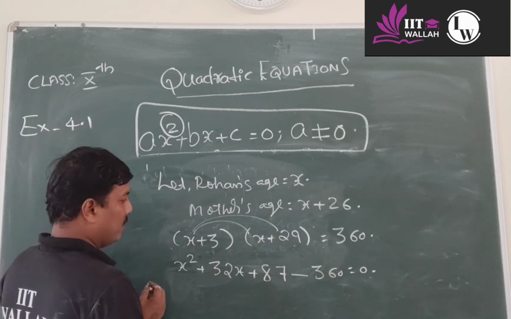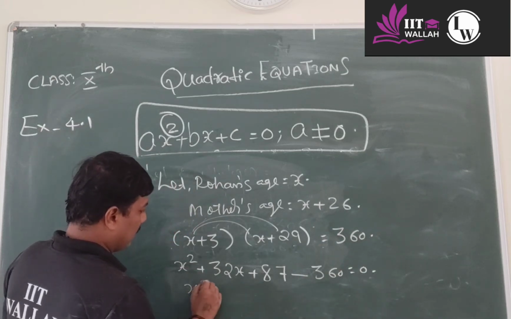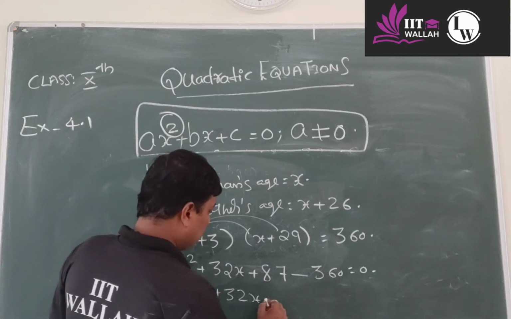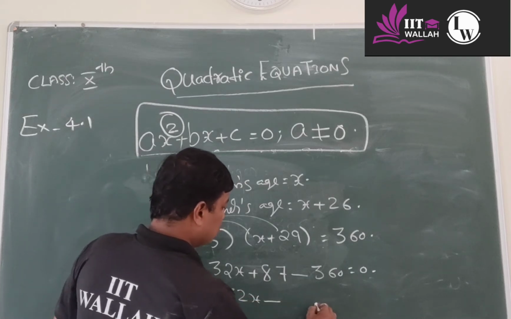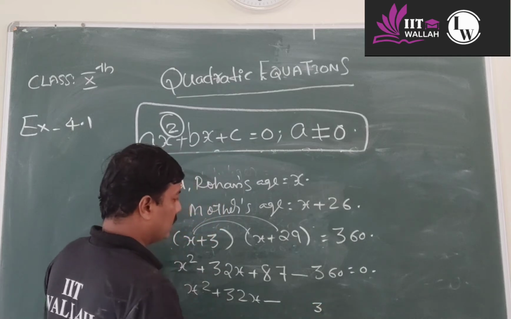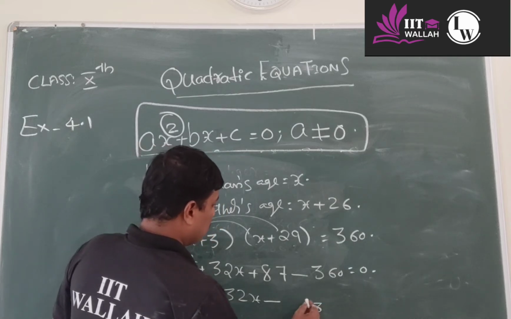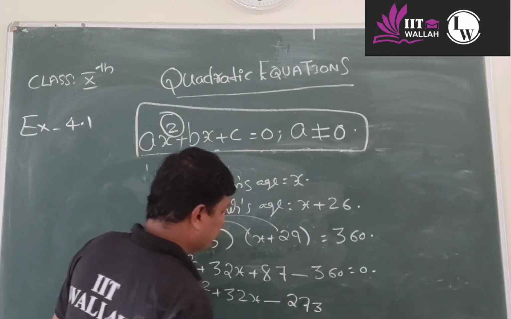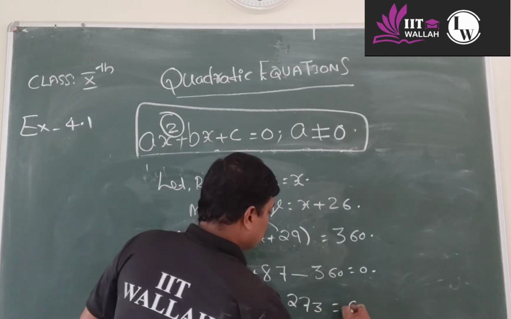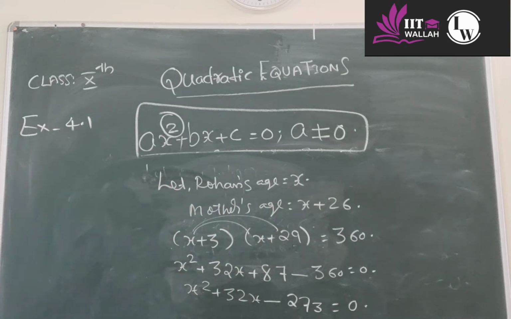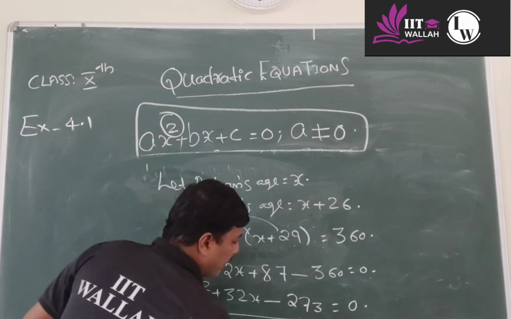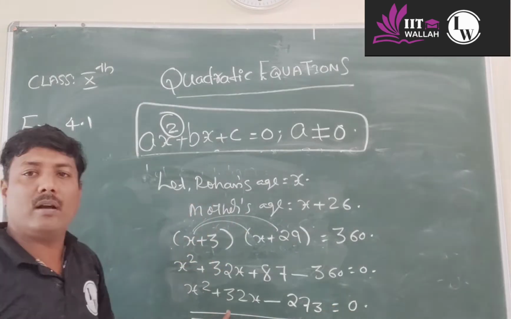So this is nothing but x square plus 32x minus 273 is equal to 0. Okay, this is the required quadratic equation here.